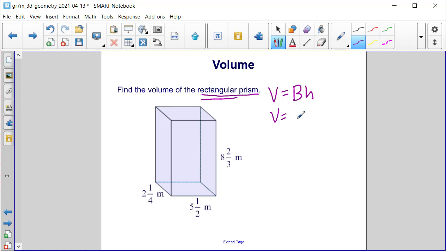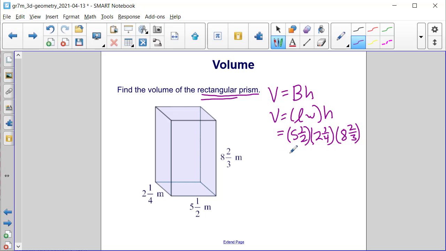And the area of a rectangle is length times width. So we can replace capital B with length times width and then keep height at the end. And now let's substitute our values in. The length is 5 1/2. Our width is 2 1/4. And our height is 8 2/3.